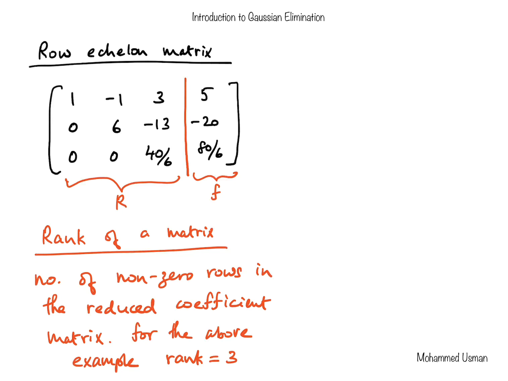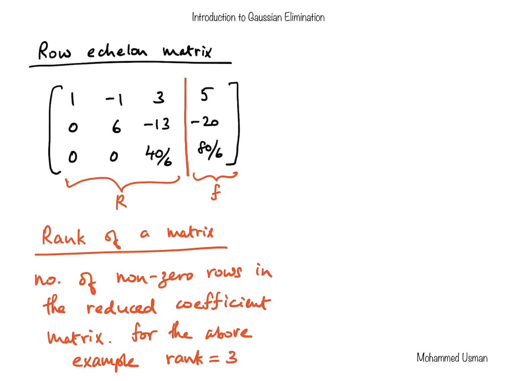For example, in this particular case, we do not have a complete row in the row echelon matrix which is 0. So you see here, at least one of the numbers is non-zero. So this is said to be a consistent system of equations wherein the system will give us a unique solution.